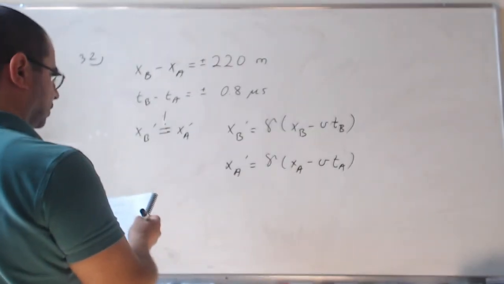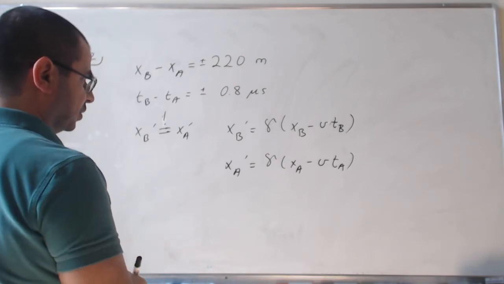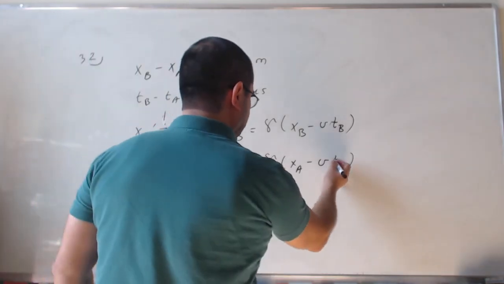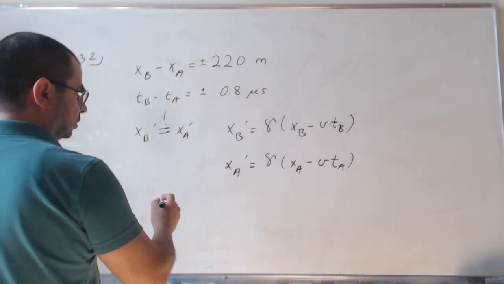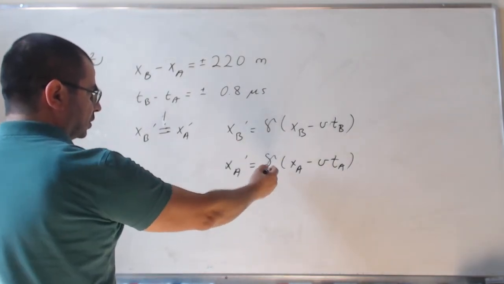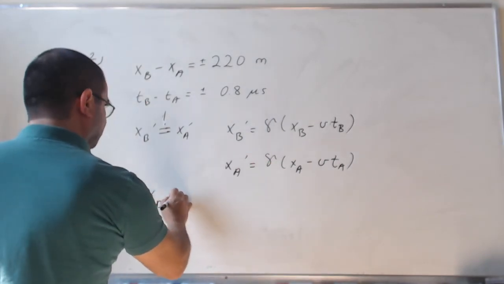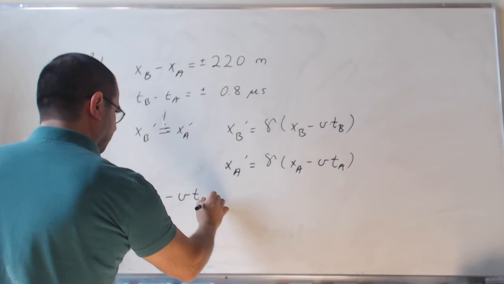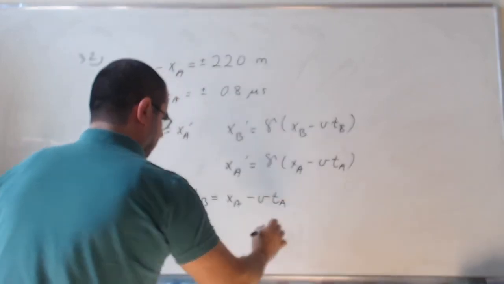So if I do that, I can calculate an expression for v. If I equate these two, then the gammas cancel. So xb minus v tb is going to be xa minus v ta.